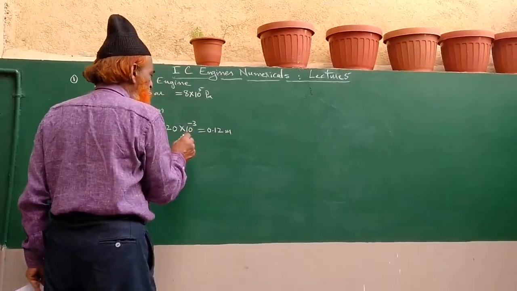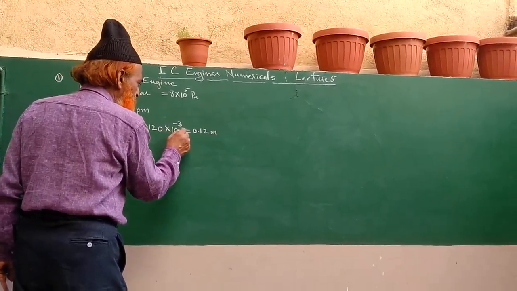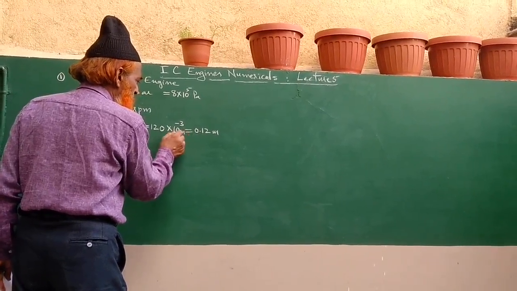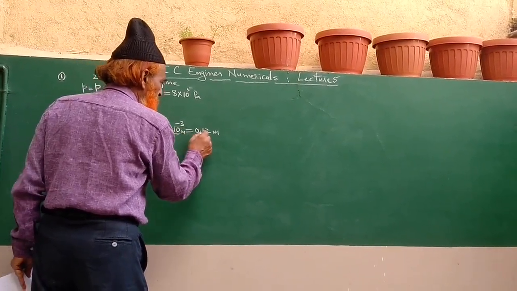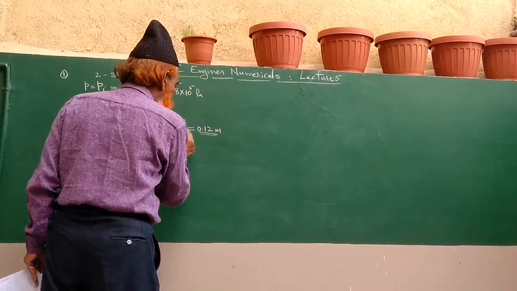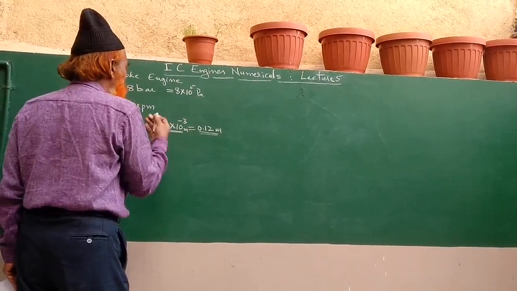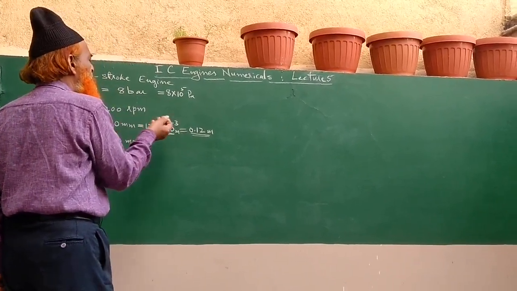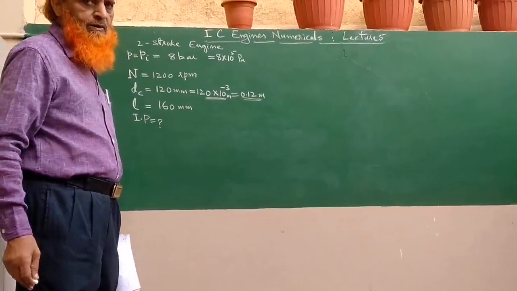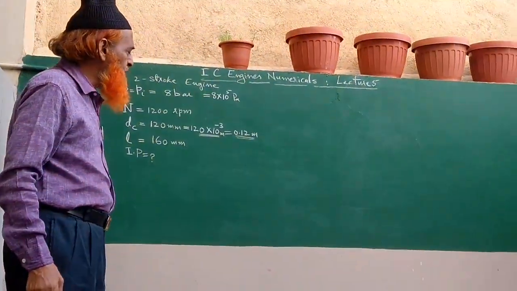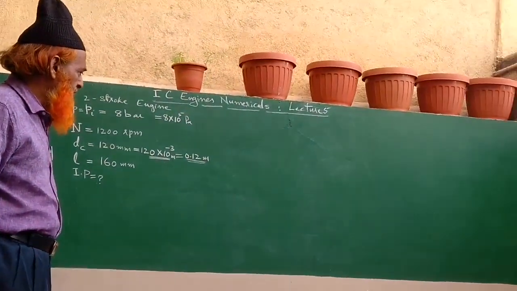In the calculator either you can take 120 into 10 to power minus 3 meter, or directly dividing by 1000 you will get 0.12 meter. Is it clear to you?